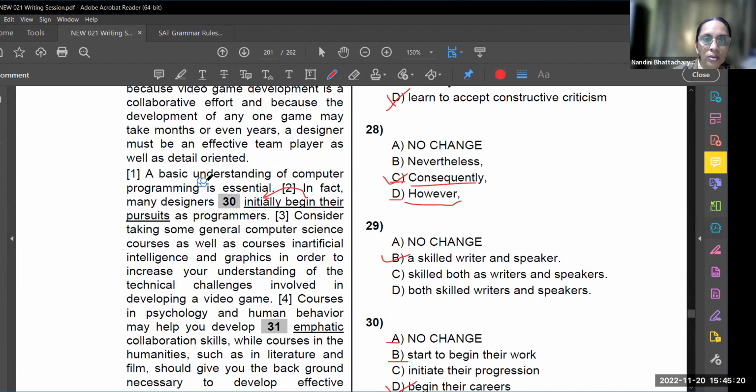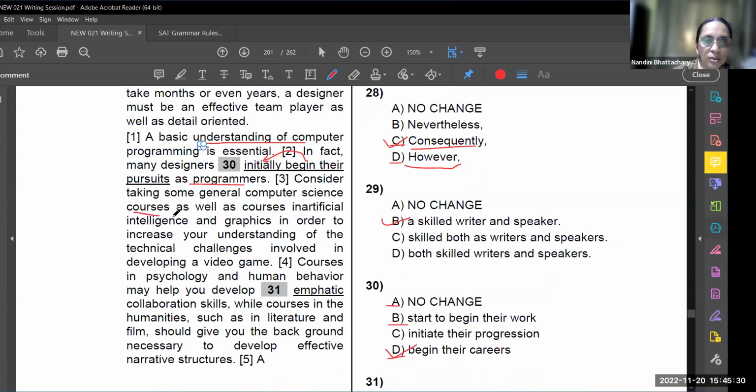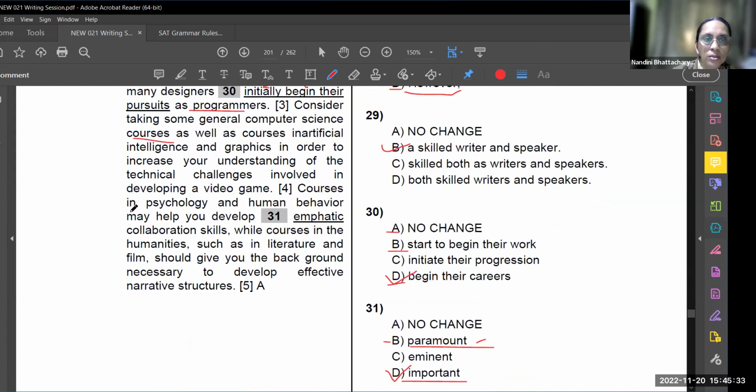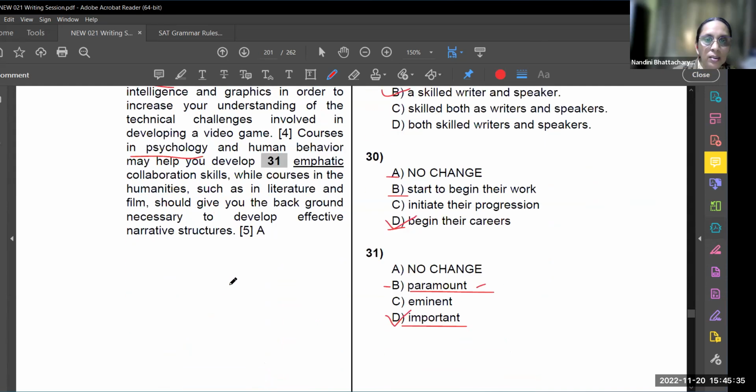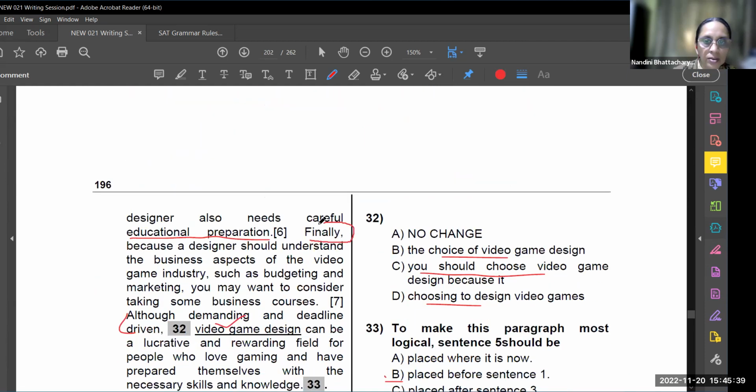So now what is the whole paragraph talking about? Understanding programming is essential. So begin the pursuit as programmers. Computer science courses. Taking up computer science courses. Now courses in psychology. Then it goes on to, and this is finally. So this will not come before, right?